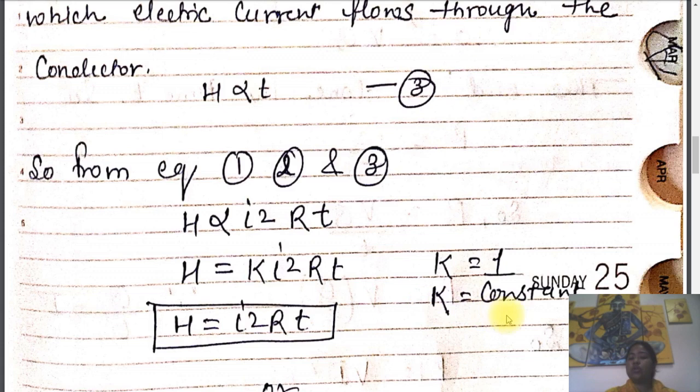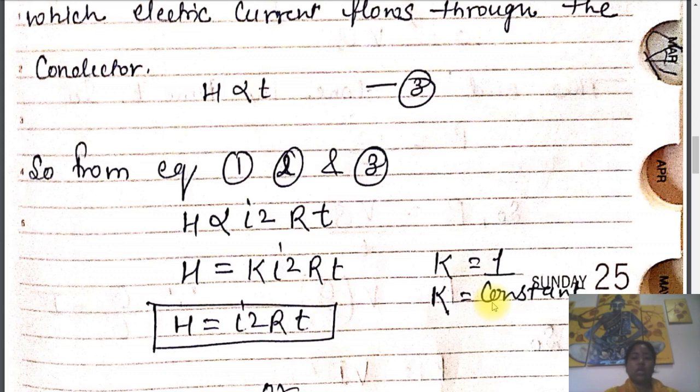Experimentally, it is found that the value of the constant is 1. So if we place the value, we get H equals I square RT.